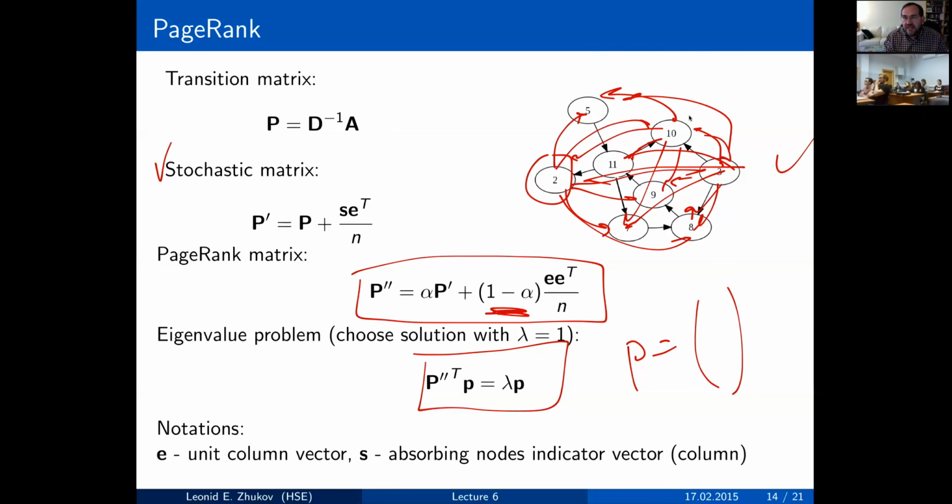The second fact is that the vector will have all elements as probabilities, greater than or equal to 0. It's also not trivial that they're real and greater than or equal to 0. Because if you think about it, the transition matrix we started with is not symmetric.